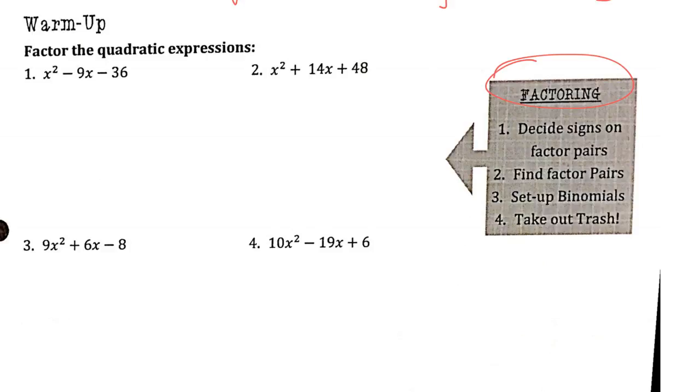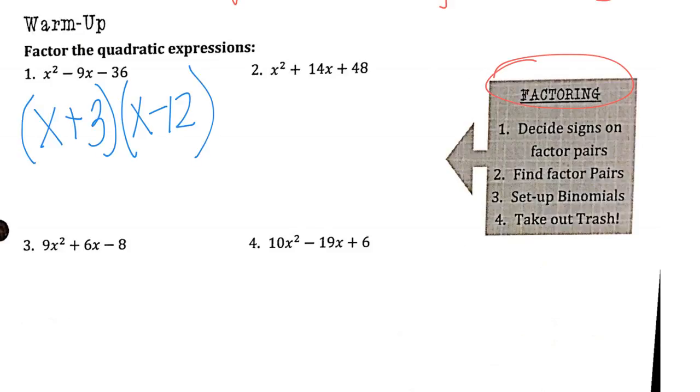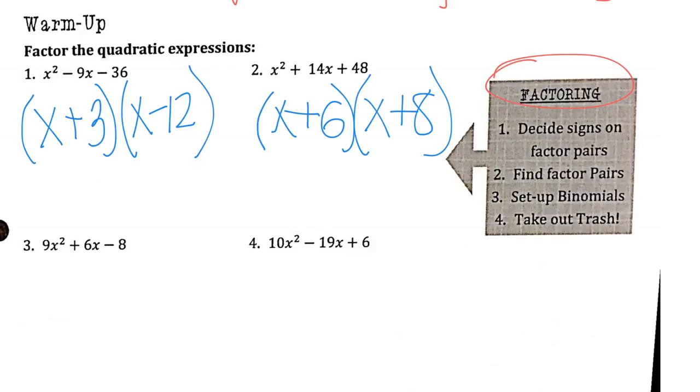So for your correct answers, number 1 was x plus 3 times x minus 12. Number 2 was x plus 6 times x plus 8. The third one, 3x plus 4 times 3x minus 2.